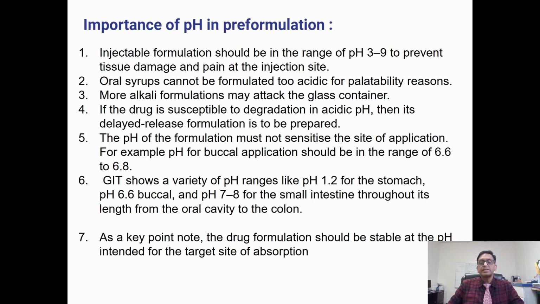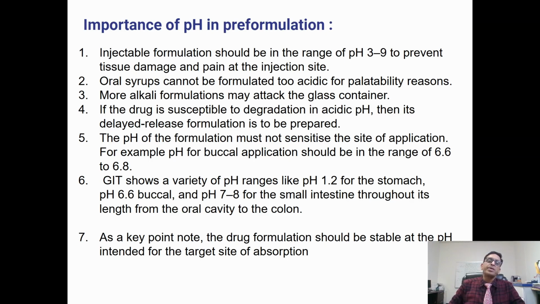So there is a variety of pH ranges in the GI system. According to that, we have to develop our delivery system or dosage form, and that part of the study has to be carried out at the pre-formulation stage.